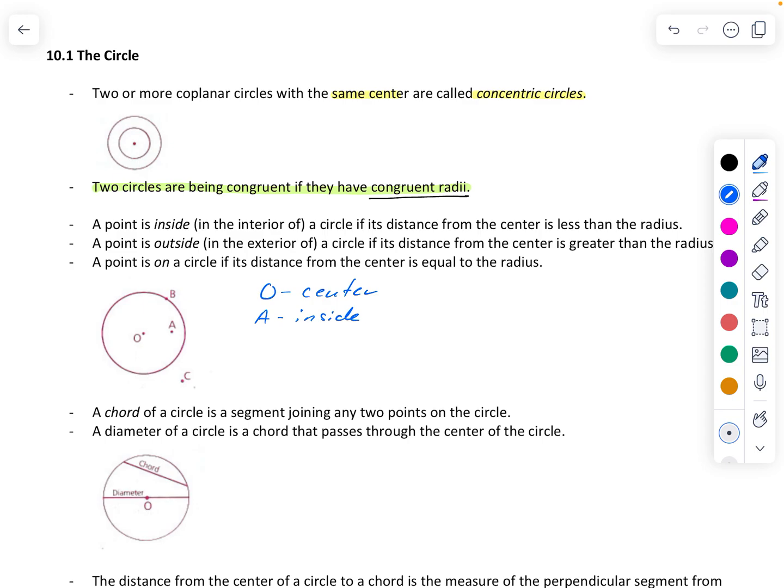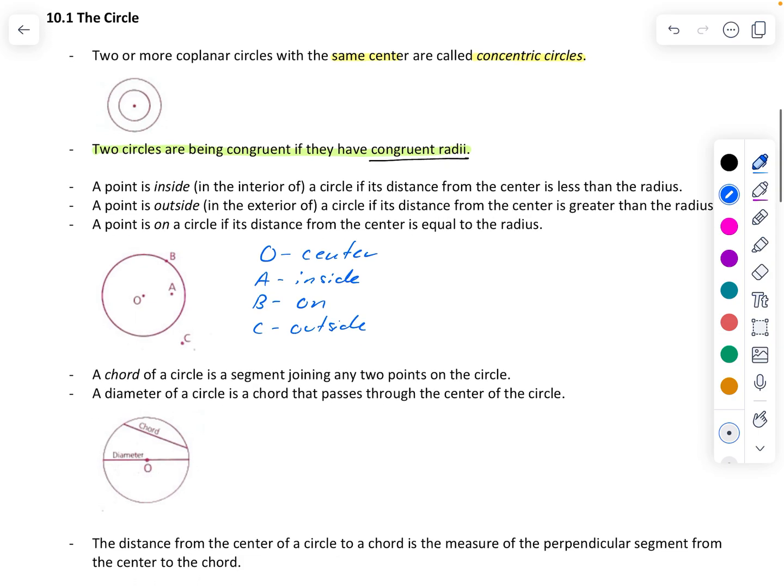Okay, so the distance from the point to the center is less than the radius. Point B here would be on the circle. The distance from O to B is the radius. And C here would be outside the circle. The distance from O to C is greater than the radius.